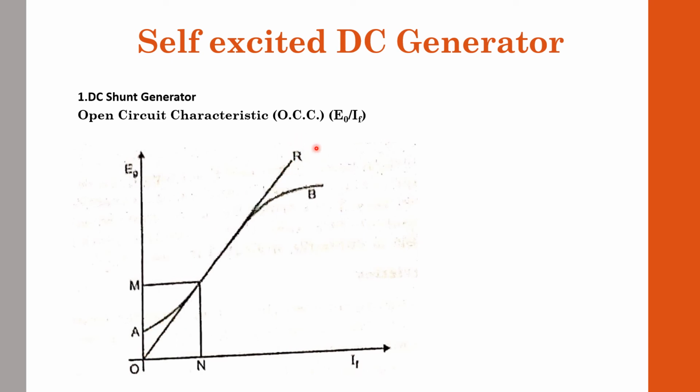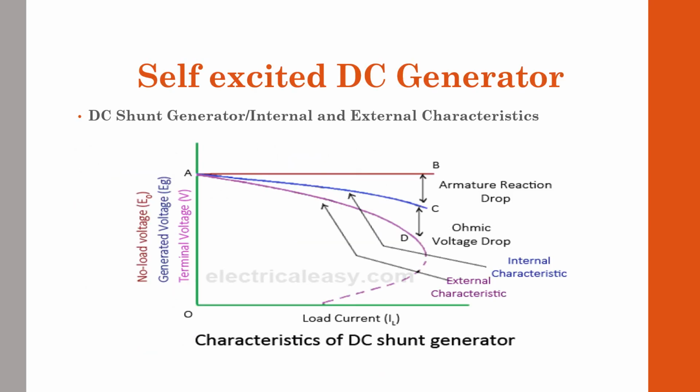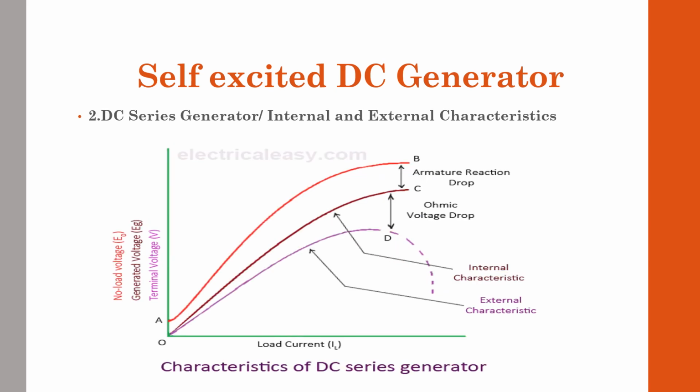After this point, it becomes the saturation condition. For the same DC shunt generator, the internal and external characteristics are similar to your separately excited DC generator. But the drop across your D is somewhat more than that of the separately excited DC generator.